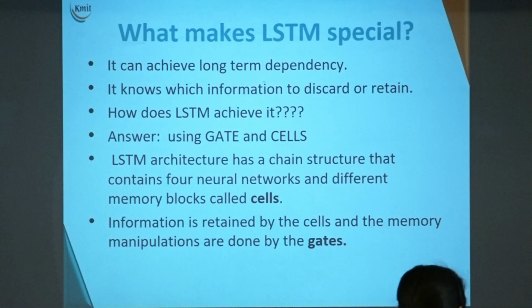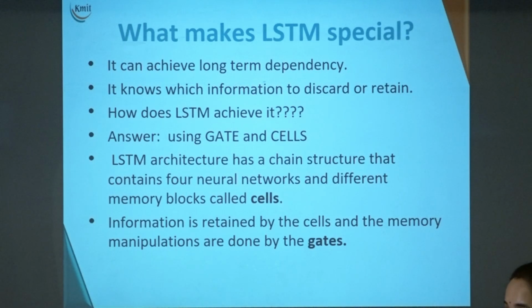Okay. So, let's see the internal structure. It has two important parts. The cells of the LSTM are designed in such a way that they are able to retain some important keywords from the past sequences. Not all, important keywords it is going to store inside its cell from the previous sequences.